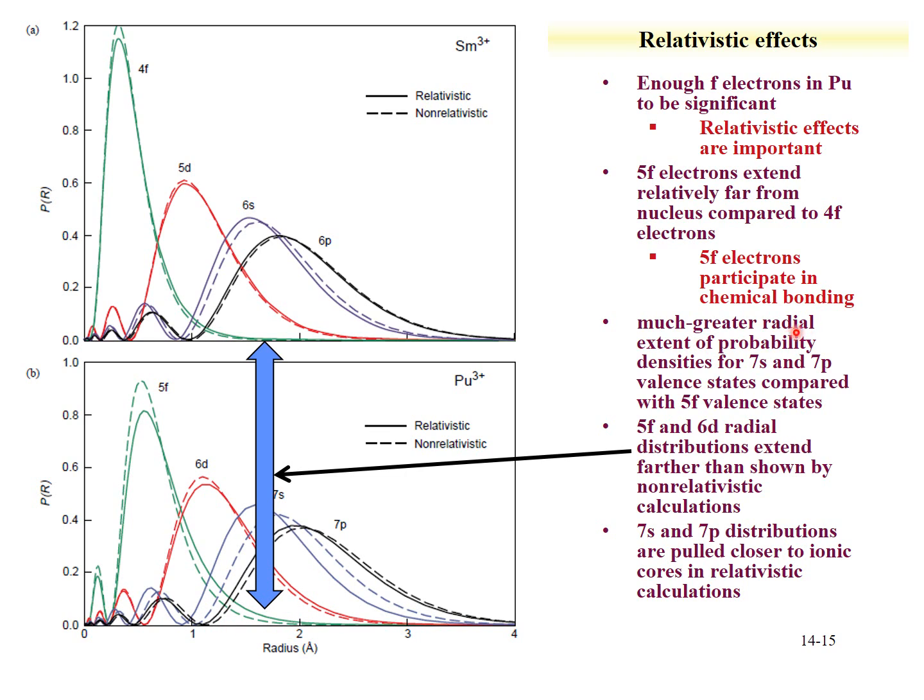So these relativistic effects allow 5F electrons to participate in chemical bonding because they're relatively far from the nucleus compared to the 4Fs. And if we look at the 4Fs here, by this point, so let's say 1.5 angstroms, there is very little probability of finding them, where we have a much larger probability of finding the 5Fs.